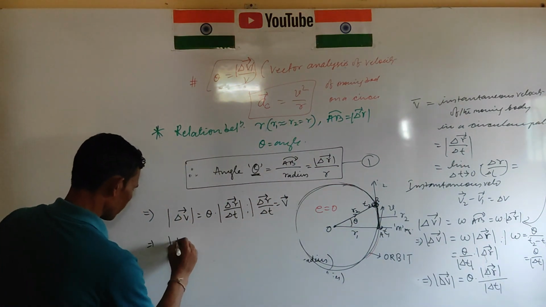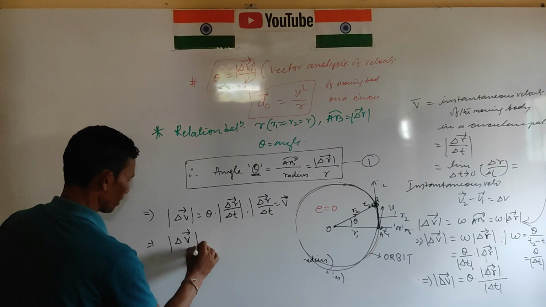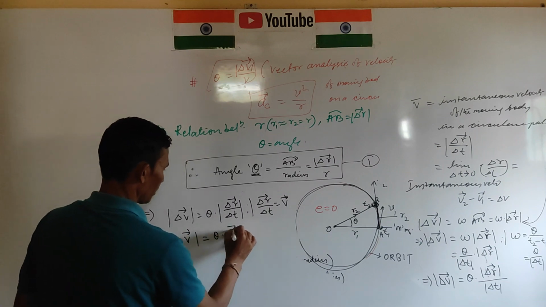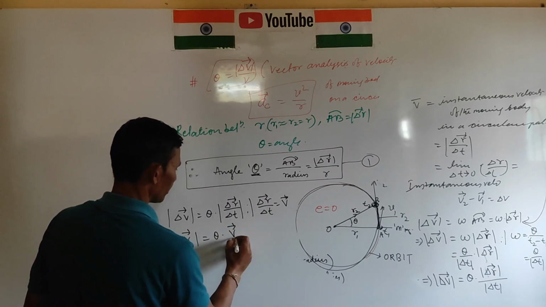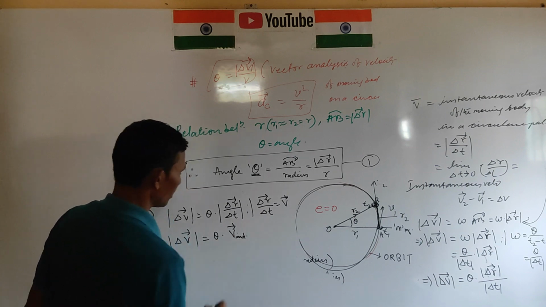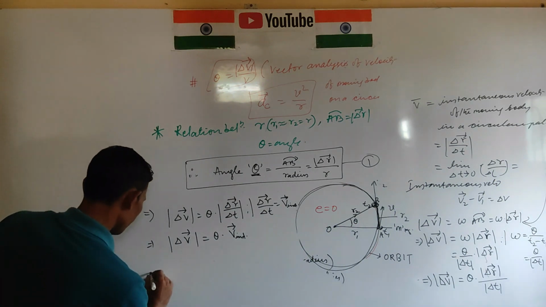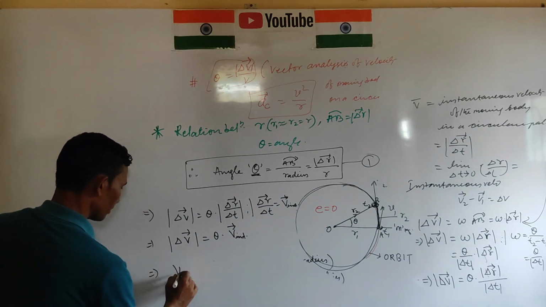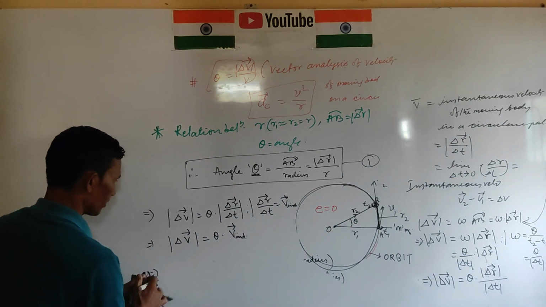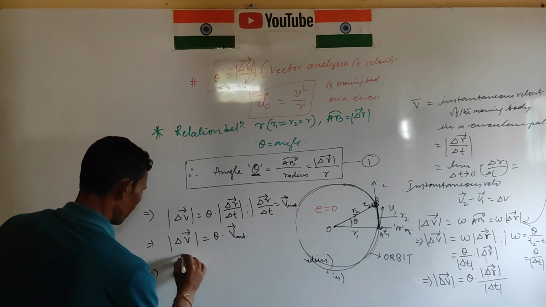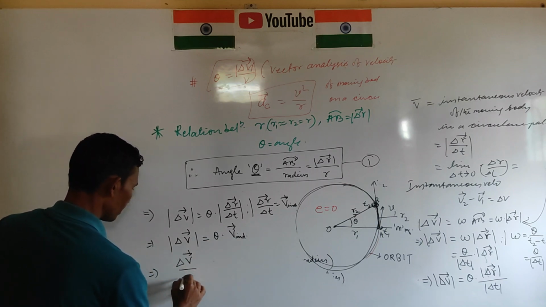So delta v, theta, this is the instantaneous velocity, that is theta is equal to delta v upon v.